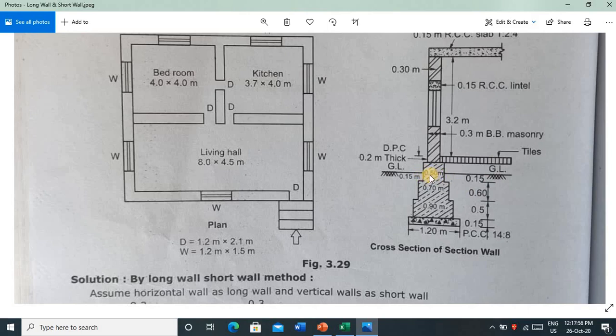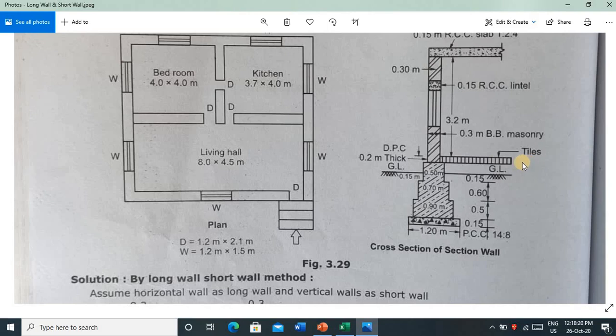For the third step the width is 0.50, means 0.5 meter, and see, the height is not given, it is given up to ground level only, 0.15. So from ground level to this plinth level you need to consider the plinth height, which is generally considered as 0.6 meter.